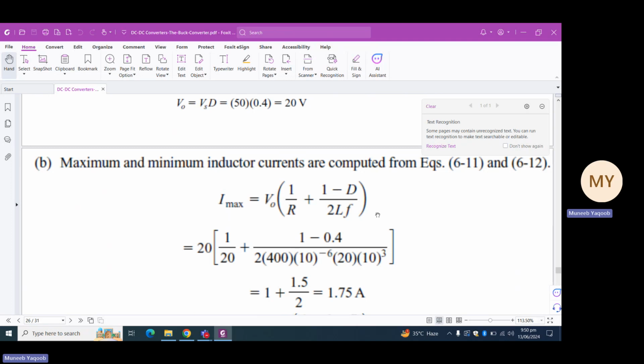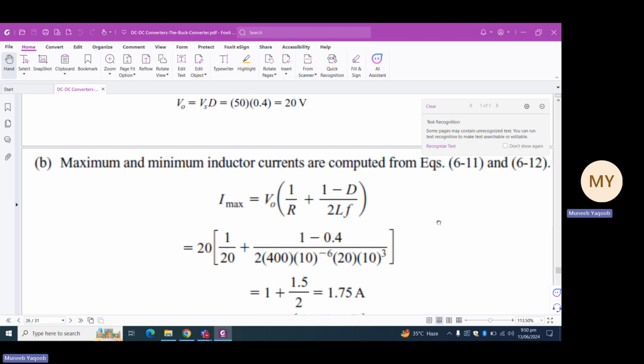Since we know the values of every component, resistor, inductor, and the frequency as well, it's just a plug and play thing. We will put in all the values and conclude that the two terms inside the square bracket come to 1 plus 1.5 upon 2.